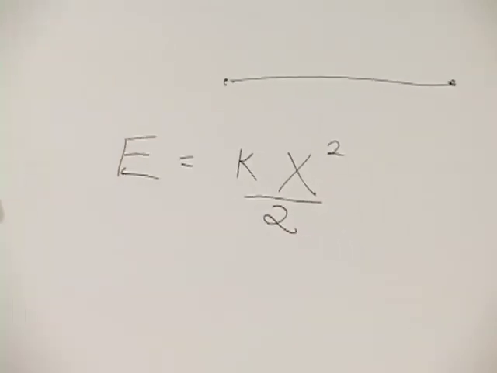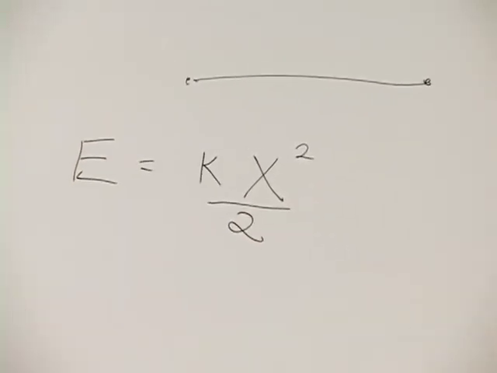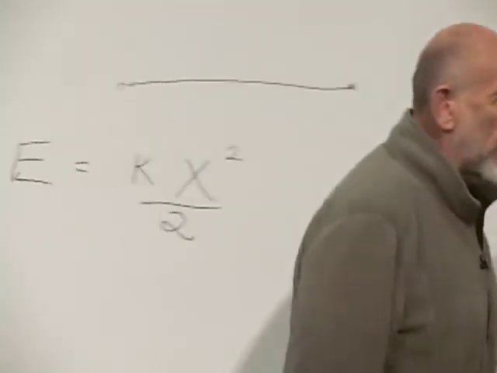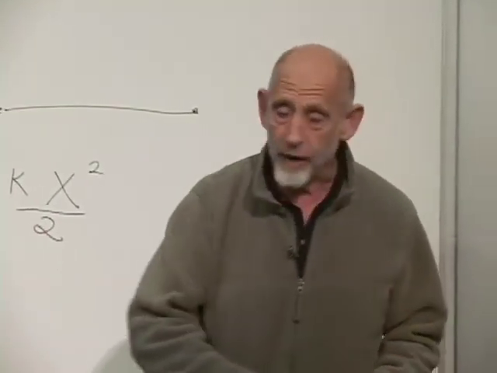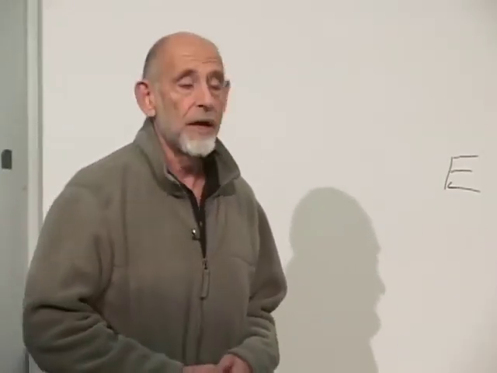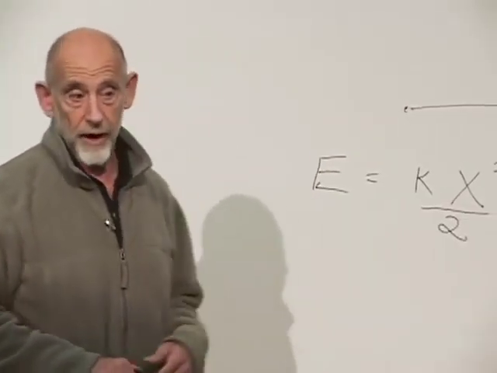Okay. Yeah, that's the potential energy that's in a string, and we've identified this non-relativistic energy not with the mass of the string, but with the square of the mass of the string. Why? Because we're thinking about this in a frame of reference where the string is moving very, very fast, and where non-relativistic physics actually works for the motion of the string perpendicular to the direction of motion.